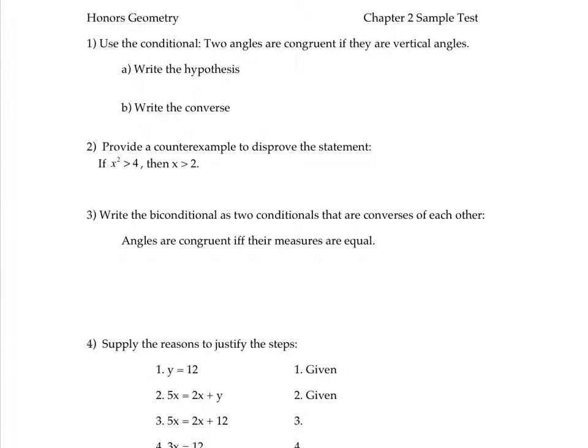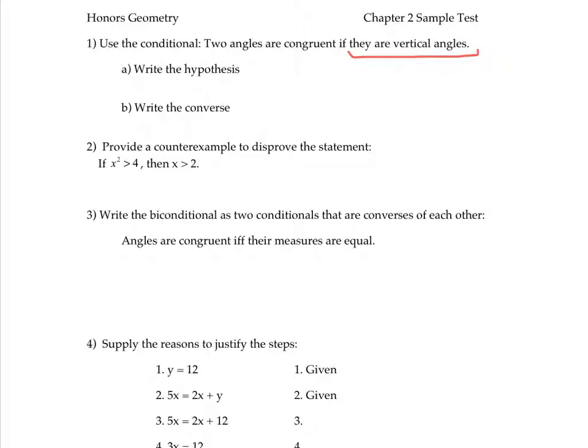Hey everybody, so next we'll take a look at all of the solutions from the Chapter 2 sample test. Number 1 states that we are to use the conditional: two angles are congruent if they are vertical angles. We have to write the hypothesis, and this particular one is written in a slightly different way than you might be used to.